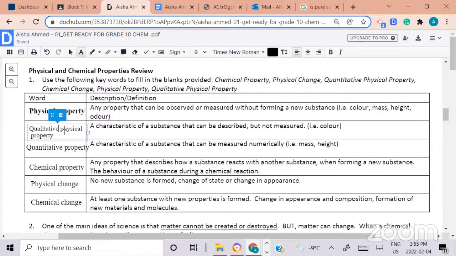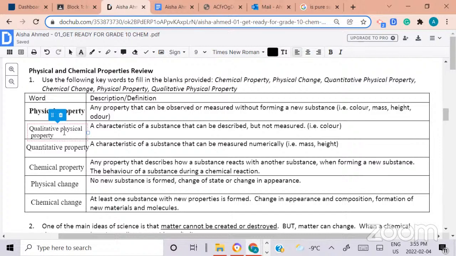Okay, now qualitative, do you get that? Yes. Okay, awesome. So qualitative, you think of quality. Quality is something that you can describe but not measure. The quality would be like, what is the color.